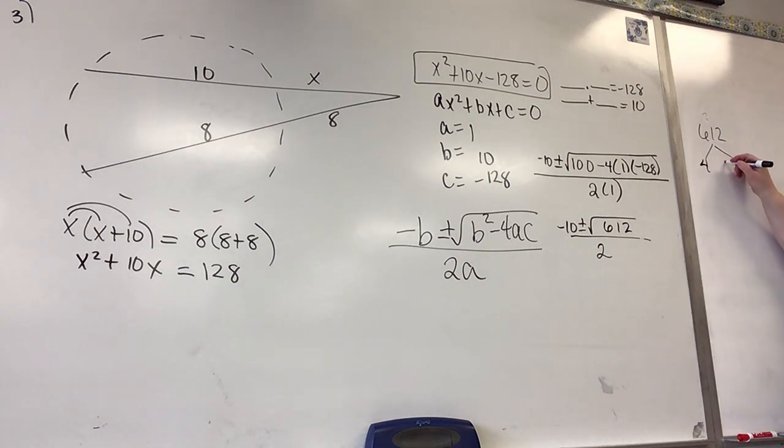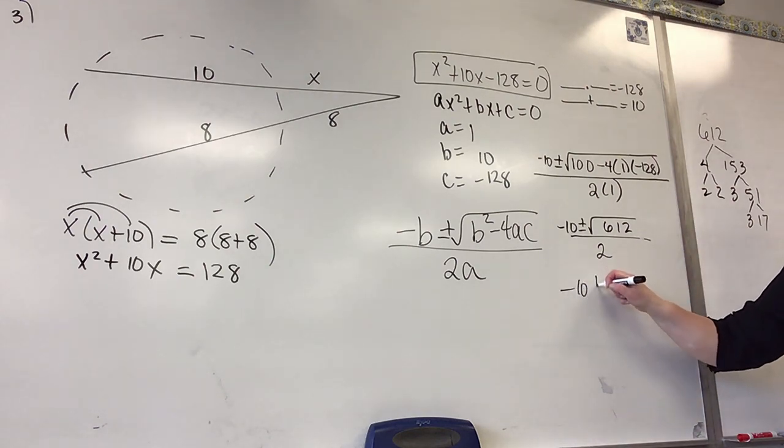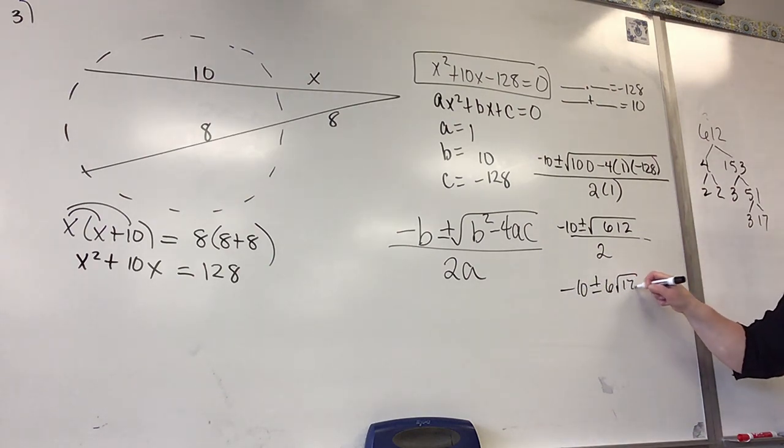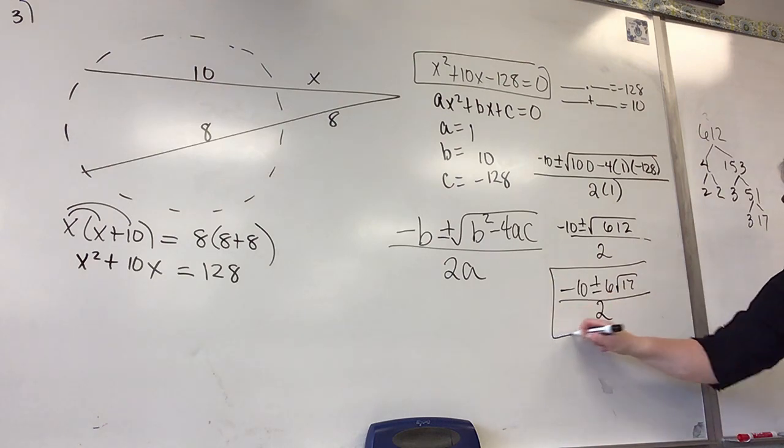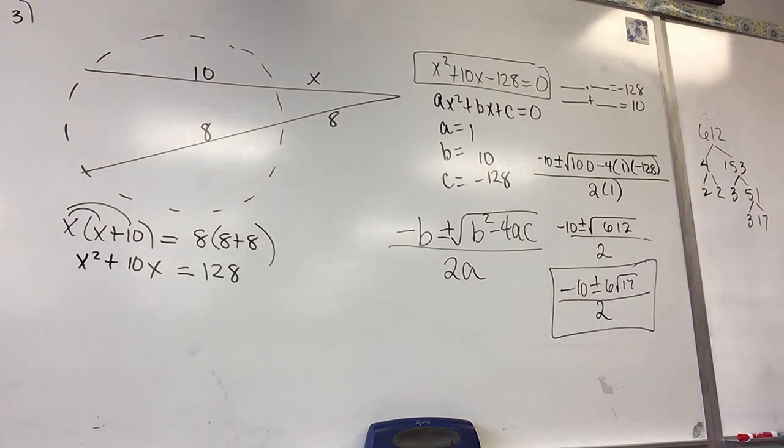I got 4 and 153. 3 and 51. 3 and 17. 2 and 2. 6 radical 17. Awesome. Negative 10 plus or minus 6 radical 17 all over 2.